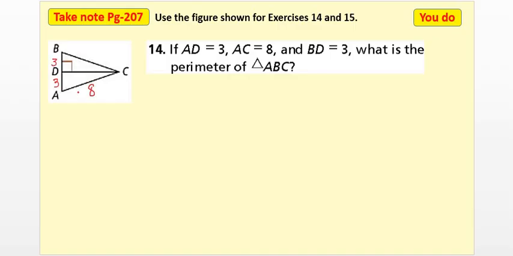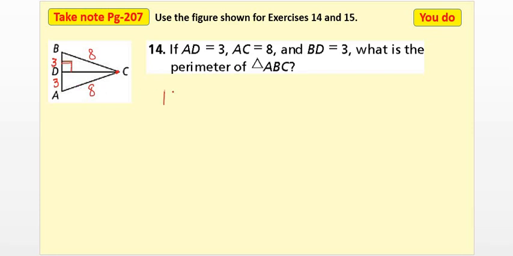Now, is this diagram about the perpendicular bisector? Yes, because look at this. This line DC is making a right angle with AB, and it is cut into 2 equal halves. So this means that for sure this distance will also become equal to 8, because this point will be equidistant from A and B. So our diagram is ready.